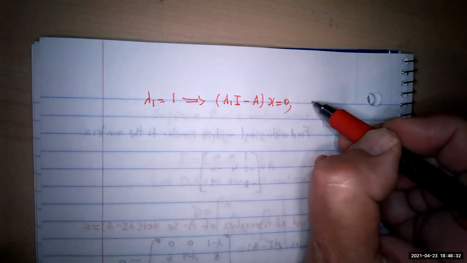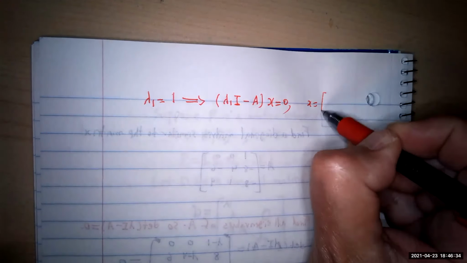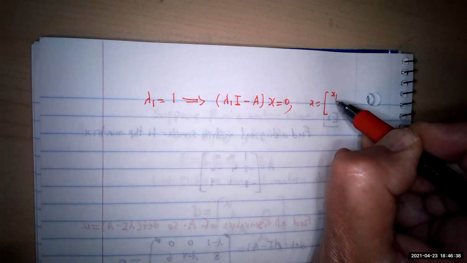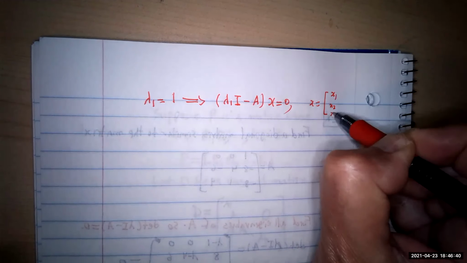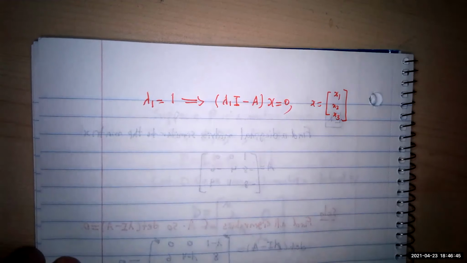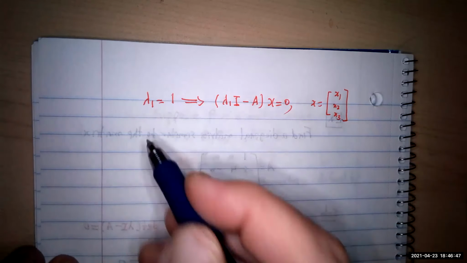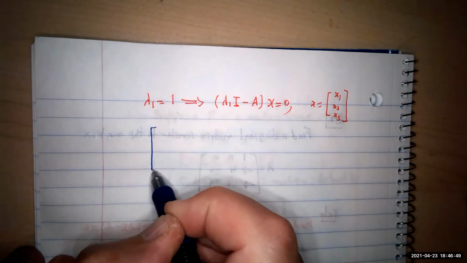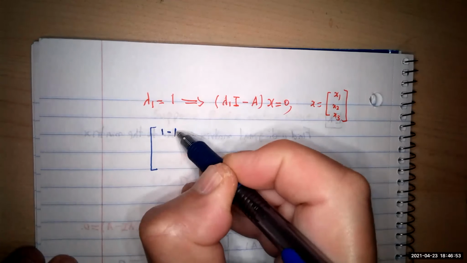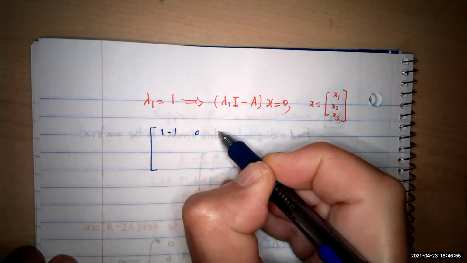This X is going to be three-dimensional. Eventually, we are going to call it P1, of course, okay? It's going to be X1, X2, X3. We find it, then we call it P1. Go back to that system and substitute lambda equal to 1, so that gives you 1 minus 1, 0, 0.